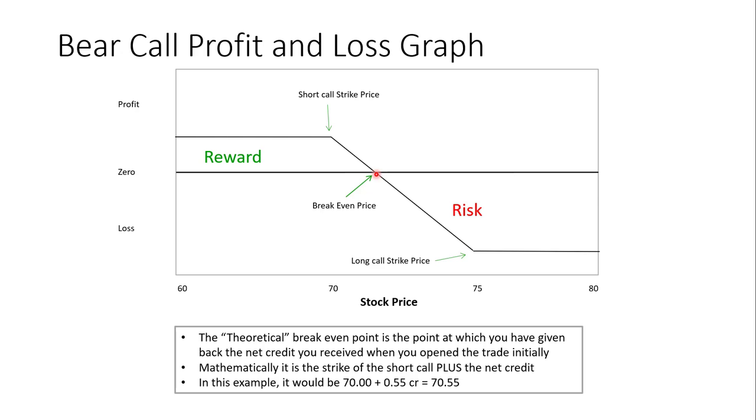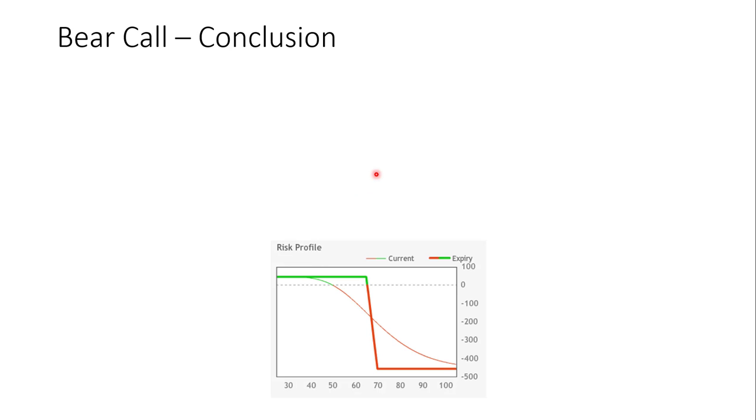That's my break-even point. Once again, the heavier lines on this P&L graph are the price and profit at expiration. The thin curvy line is the profit and loss graph at the current time that the trade is put on.